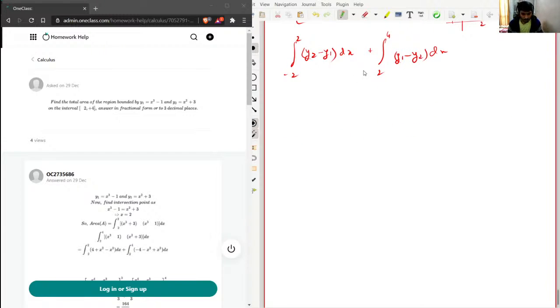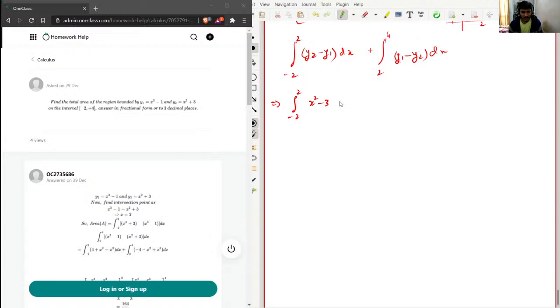Yep. So I'll substitute the value of y1 and y2 here. This will become the integral from -2 to 2, where y2 is x square minus 3 and y1 is x cube minus 2.